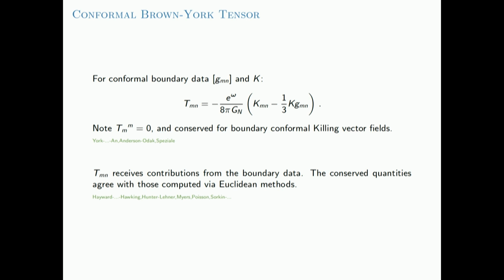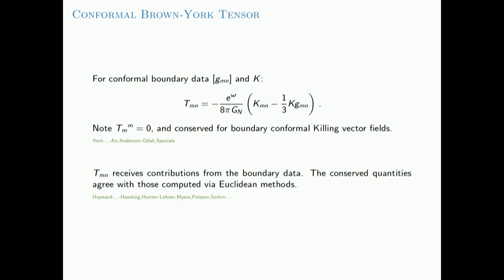Now, given this alternative choice of data that you put on this hypersurface, you have to start asking some of the questions we tend to ask when we put gravity in a box as envisioned by York, because the Gibbons-Hawking-York term that gives rise to a good variational problem has to be modified, and this can affect some of the quantities we compute.